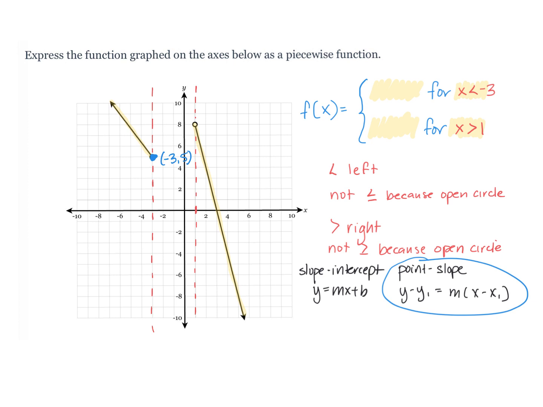And then we need to find the slope. So the slope is the rise over the run. Now this is a negative slope. See how the line is going downhill?